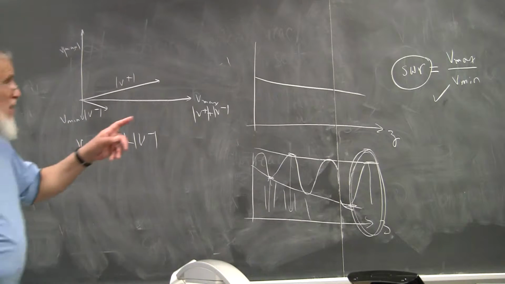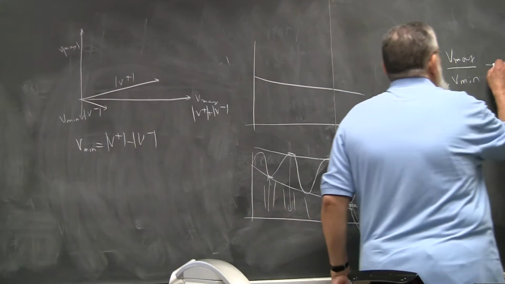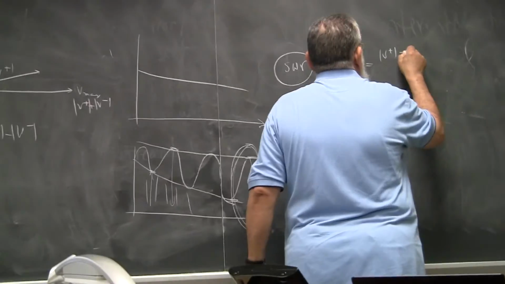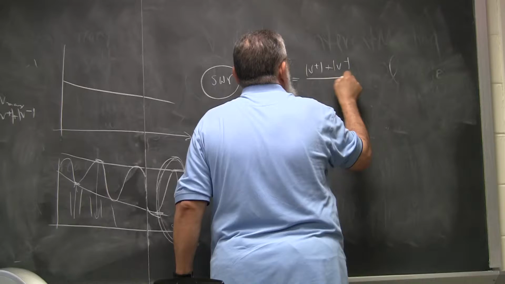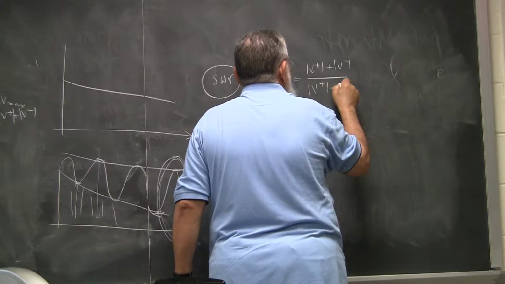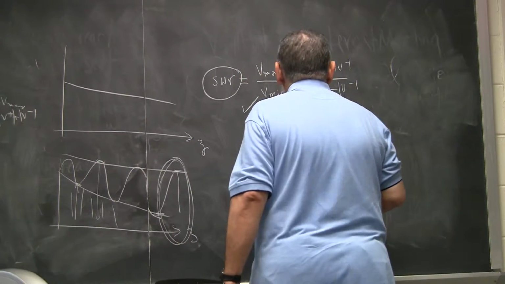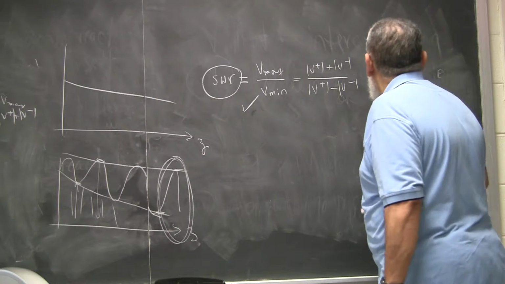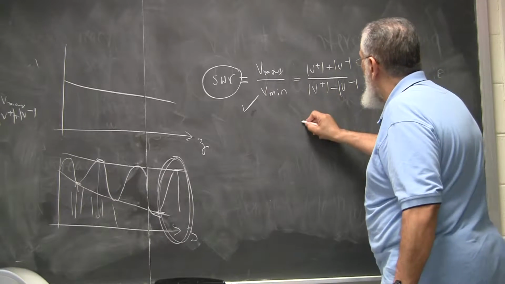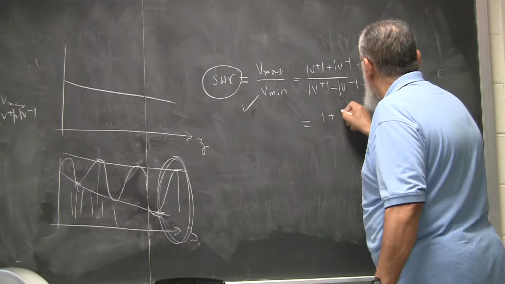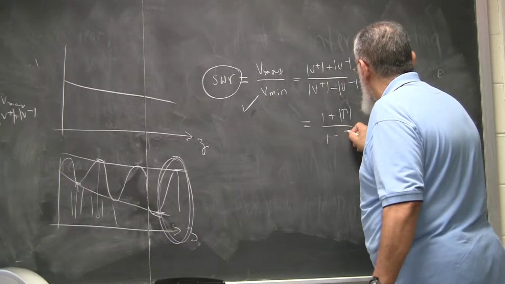So in this case, I can rewrite this as V plus plus V minus divided by V plus minus V minus. And with the definition of gamma, that would be equal to 1 plus gamma over 1 minus gamma.